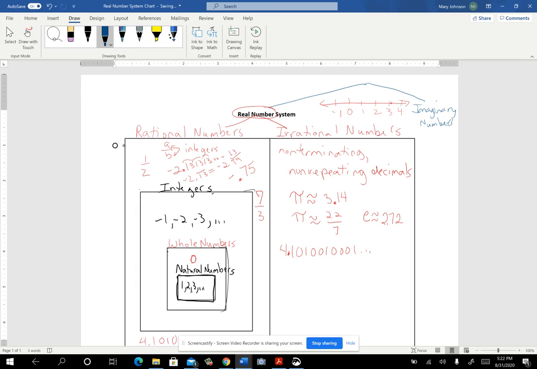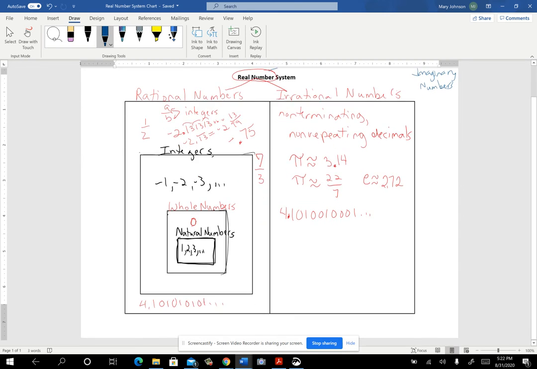And real numbers being everything in both these boxes, when we put those together with the type of number called imaginary numbers, I'm going to erase this number line, okay? We get a set of numbers that are called the complex numbers, complex number system. And usually that gives you everything you need throughout all of your algebra and even your calculus classes, okay? So our focus really is on the real number system.